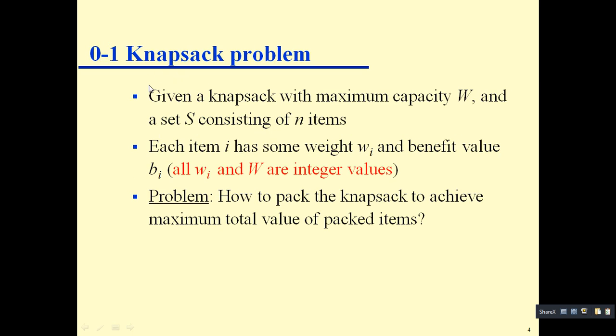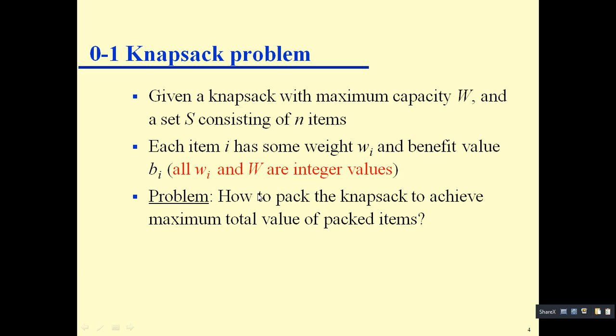Okay, so already I have told you the 0-1 knapsack problem. The thief will be with a knapsack with maximum capacity W, and there will be a set of n items in the store, and the ith item will have weight Wi and cost, or value, Bi, and all these values are integer values, Wi weights, right?